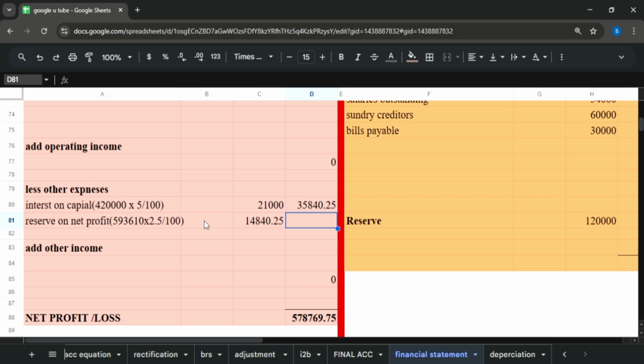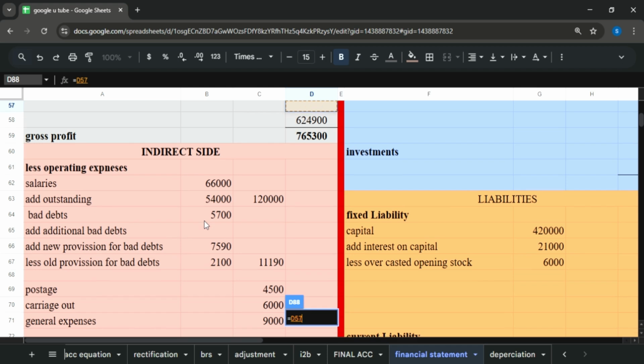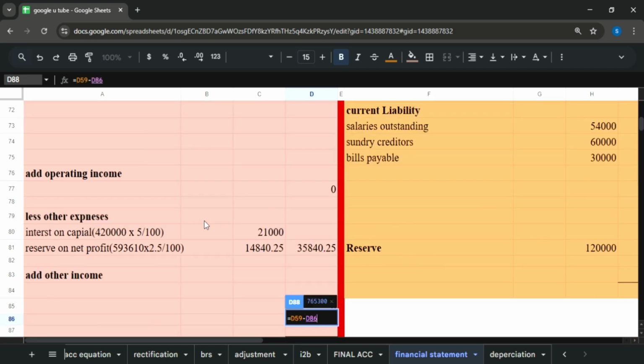I need to make total again. 14840, and then add 21,000. Let's now calculate our net profit again. Here we do have our gross profit. Then you need to subtract operating expenses.